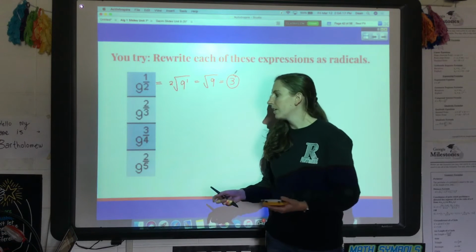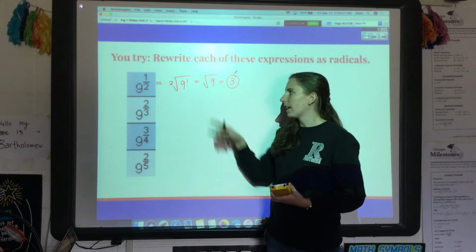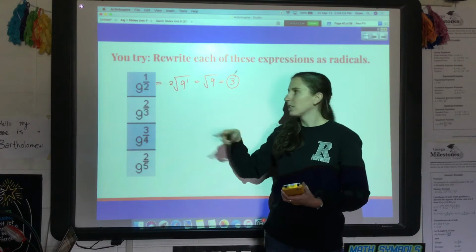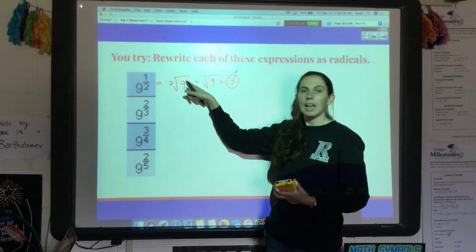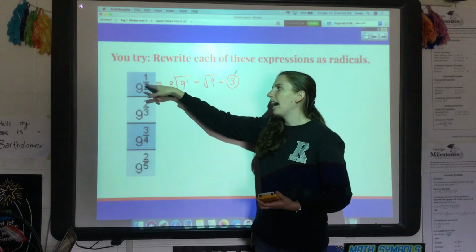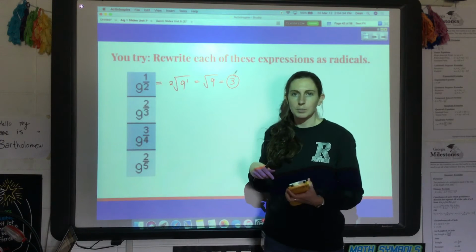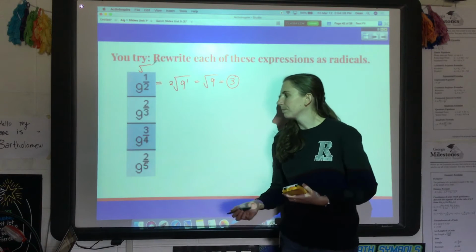By the way, if anything is ever to the 1/2 power, that's the same as the square root, because if you make 2 the index, that's the square root. And if there's a 1 left over, anything to the 1 power is itself. So a 1/2 exponent is basically just a regular little square root.